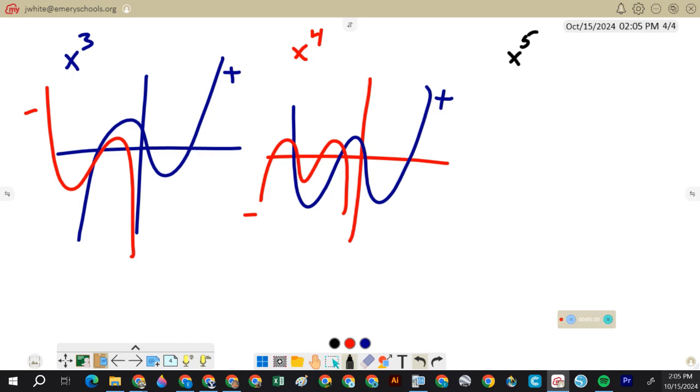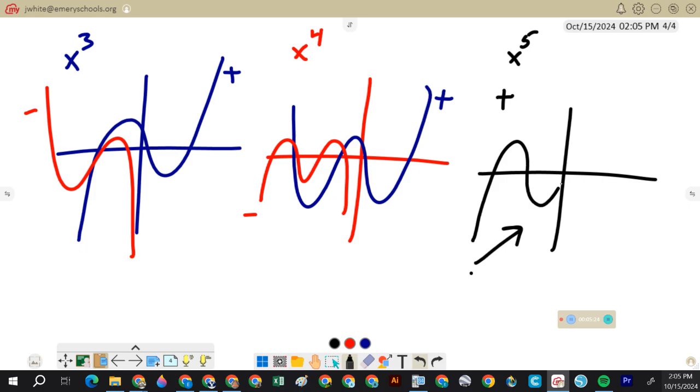But as Tice is moving his hand up and down, it has one more wiggle, right? So a positive x to the fifth is going to go, this is the positive direction. It's going to go like this, like an x to the third, but it's going to have an extra wiggle in it. That would be a positive x to the fifth.